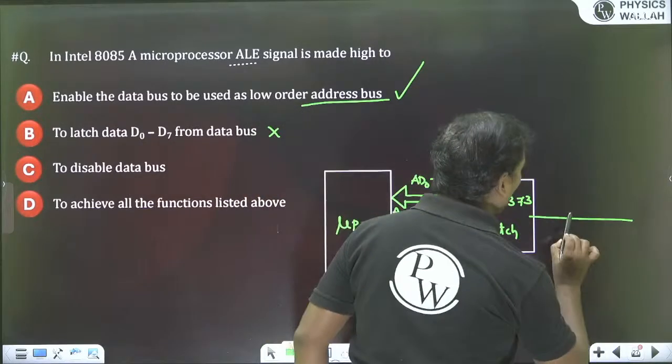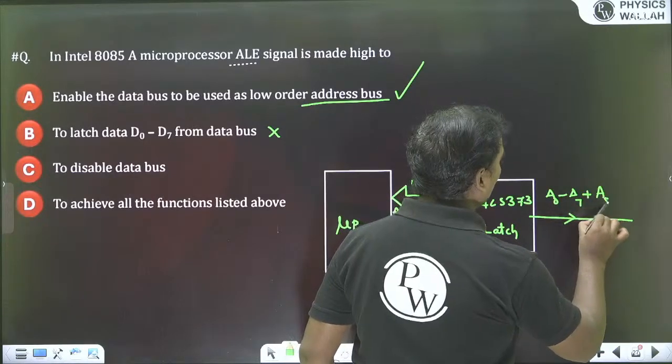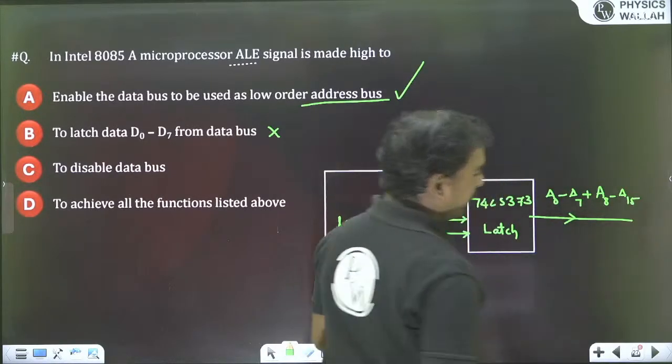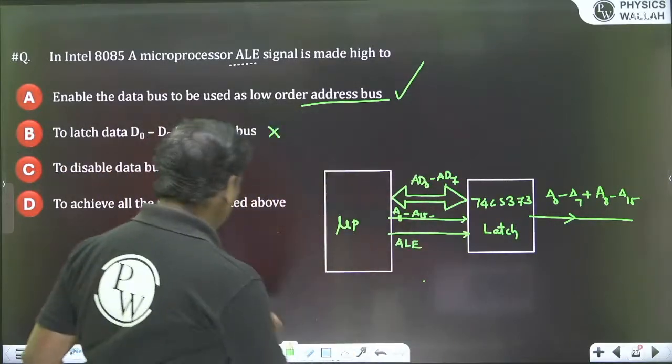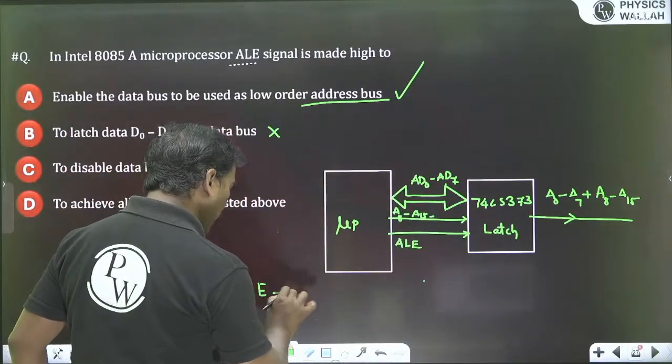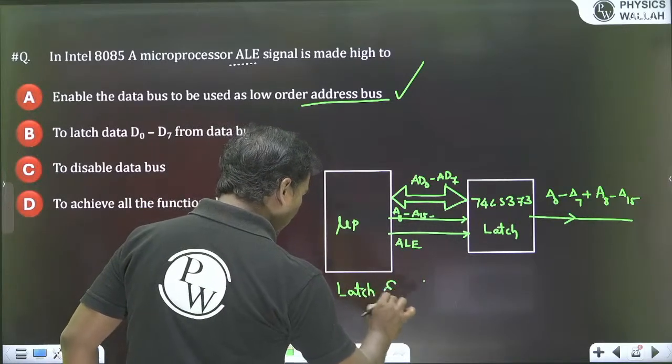So after the latch, A0 to A7 plus A8 to A15 gives a total 16-bit address bus. As the name indicates, ALE, address latch enable, it enables the address bus.